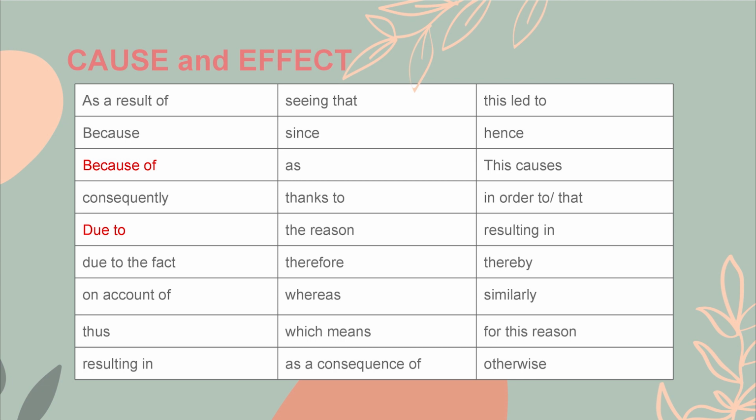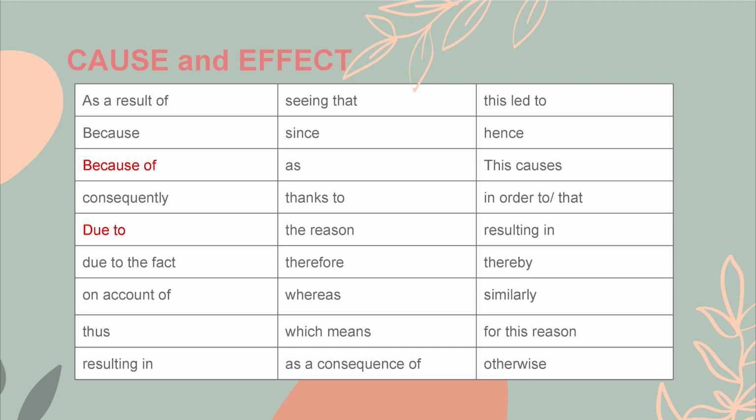Remember, here we have because of and due to. For the other conjunctions, we will continue with a full sentence: subject, predicate, and complement. But because of and due to should be followed by phrases.